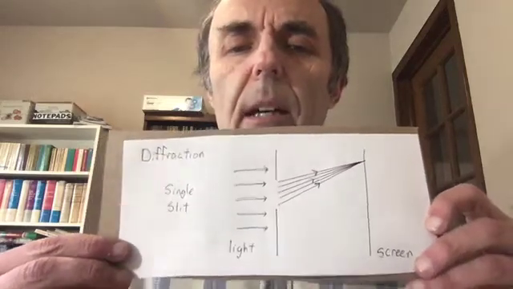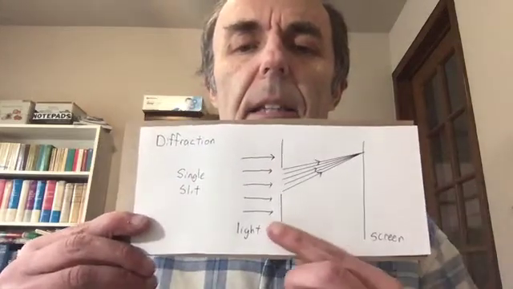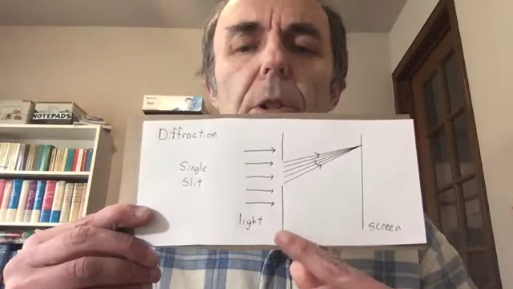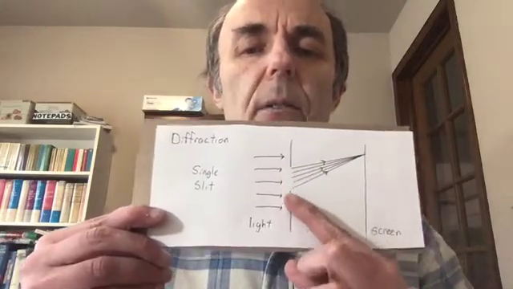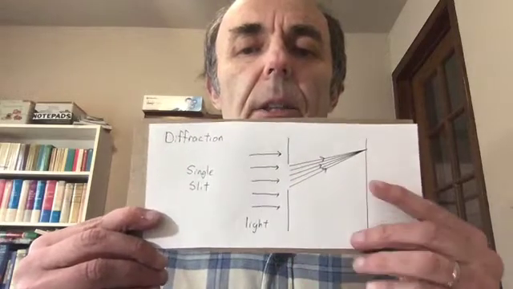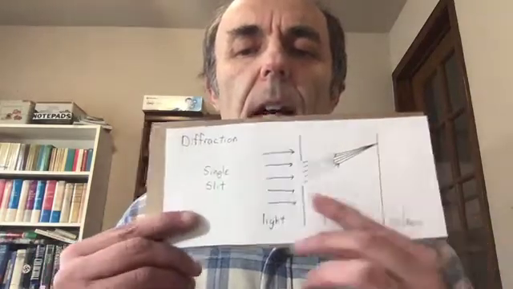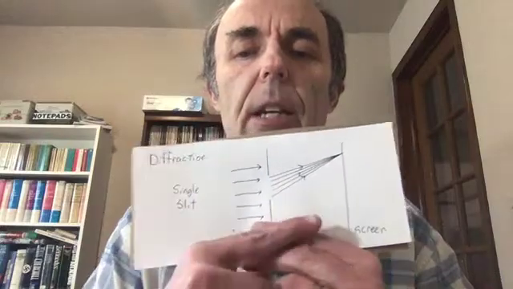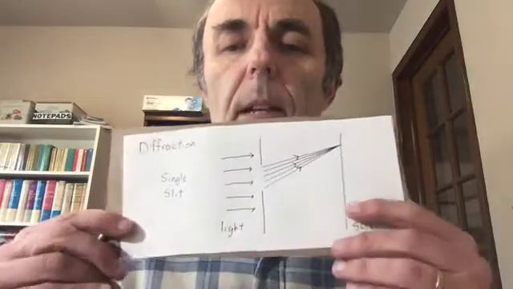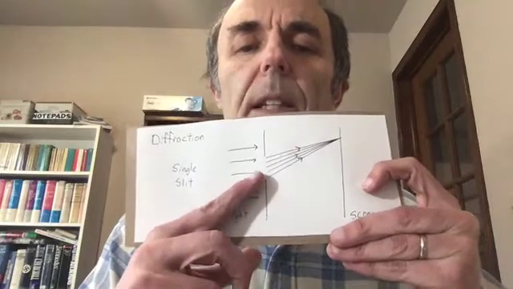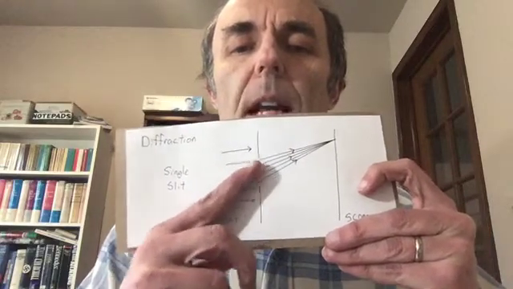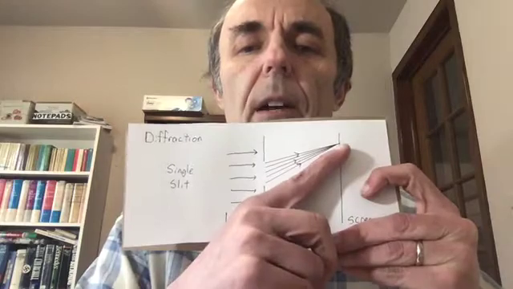Okay, so light comes in and hits an aperture. An aperture blocks the light except along one single slit right here. It lets the light through, and the light goes through and then hits a screen over here. Now, light will take off from any point within this opening and move, and they'll add up over here on the screen.